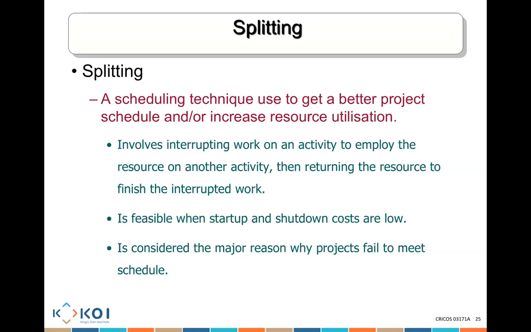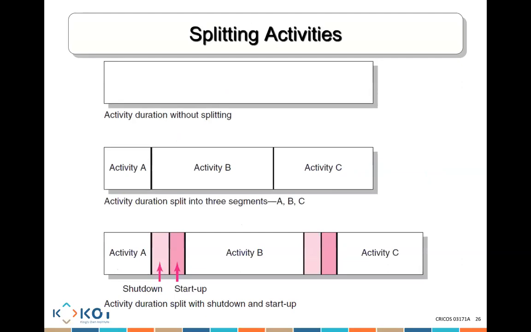But let's say the activity requires bringing in a new machine, setting up the machine, painting the machine, and then starting. That means there's going to be a big startup and shutdown every time I stop the activity and start it again. In this instance, we will say don't split it.